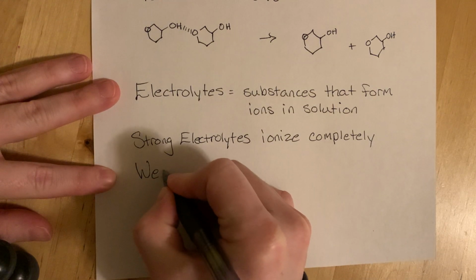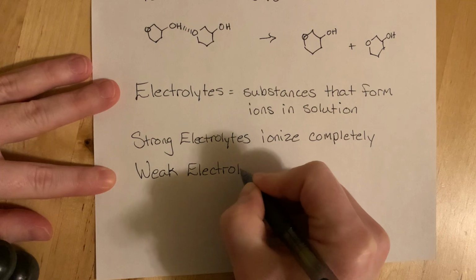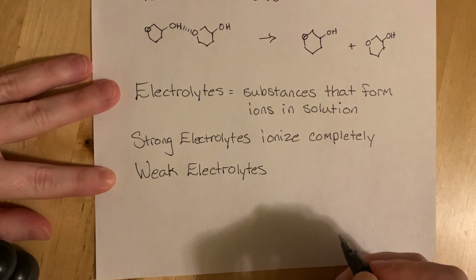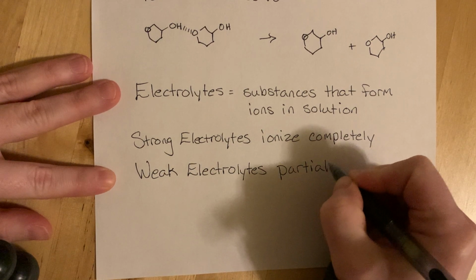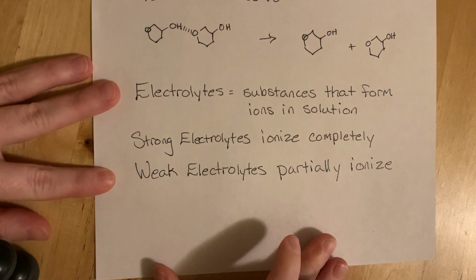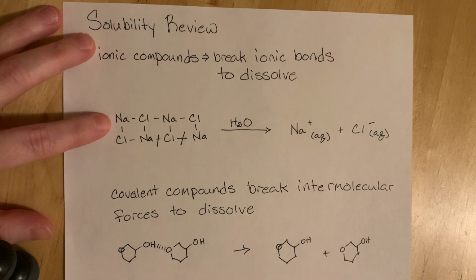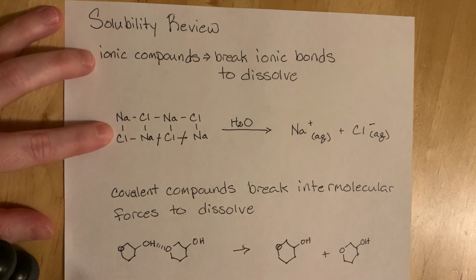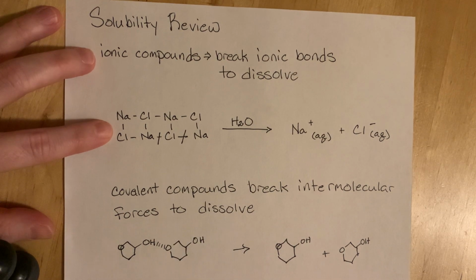Weak electrolytes only partially ionize in solution. Okay, so if sodium chloride was a weak electrolyte, which it's not, then if I put 100 units of it in water, I would end up with 99 units of sodium chloride and then just 1 unit of each ion.